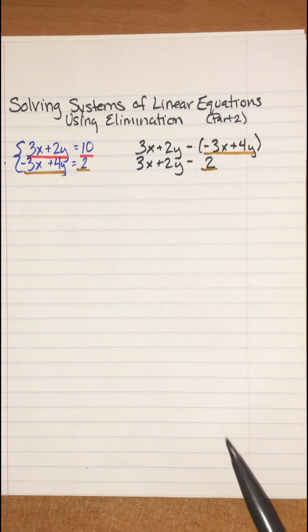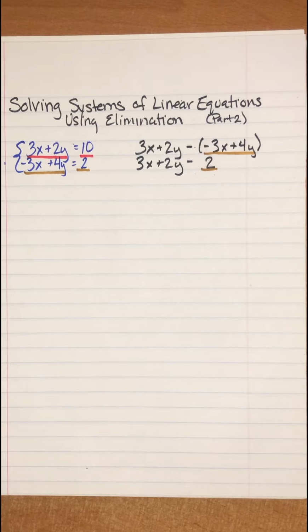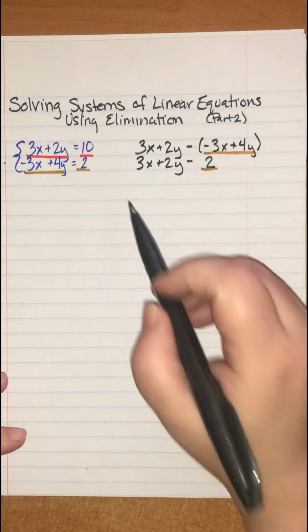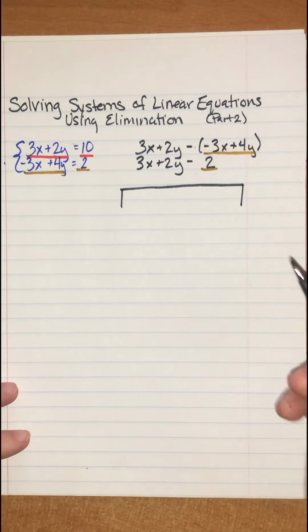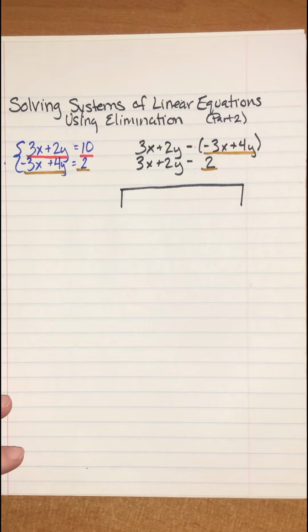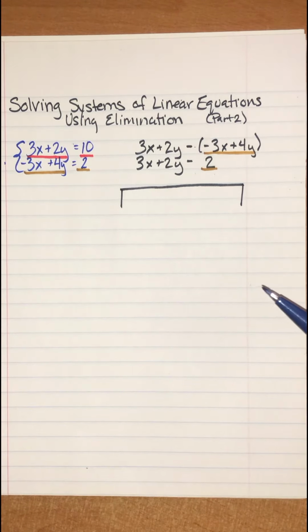Also, I want to remind you that whatever we do to one part of the equation, we do the same thing to the other to keep them balanced. It will not change the end solution. So what I mean by that is you have seen examples of balances or hangers in the past, and we like to represent equations with images sometimes to help our mind wrap around what's going on.